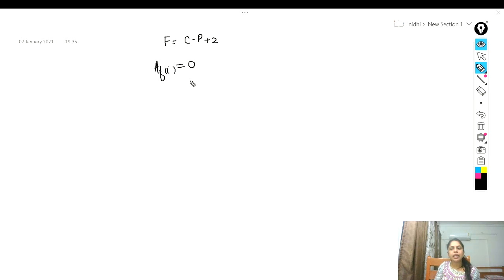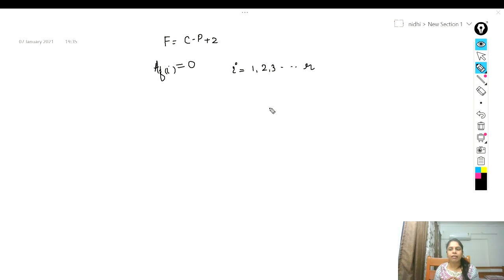So the chemical affinity of all the chemical reactions, that means if there is a number of reactions, R number of reactions, where i defines the reactions 1, 2, 3 up to R, then the chemical affinity of all the chemical reactions should be equal to 0. And chemical affinity, in simple understanding, is the extent of reaction.